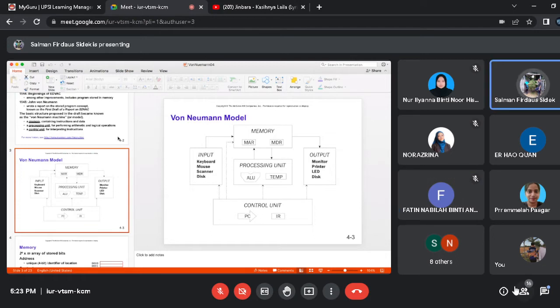Yes, information or process data. Senang je kan? So that information or process data that has been processed by the ALU will be sent to where? The first component that will receive the process data. Which component? Memory. Okay, temporary. Jawapan dia temporary. The answer is temporary.